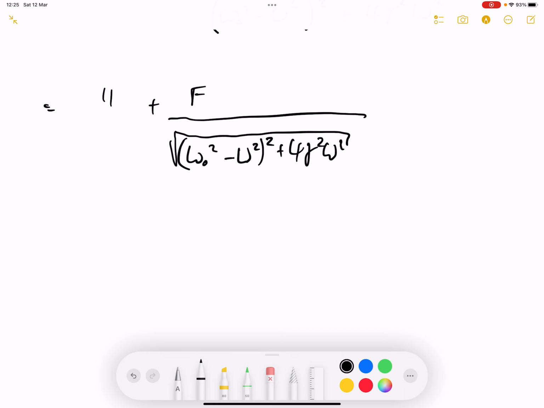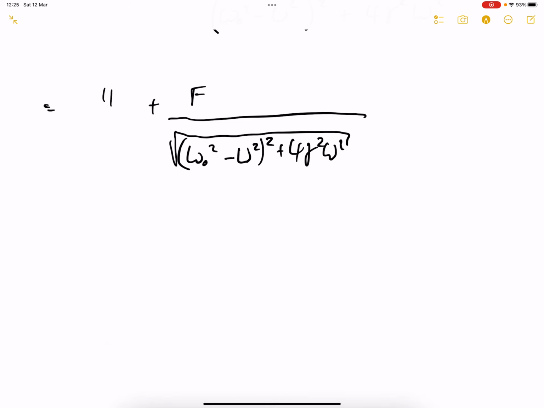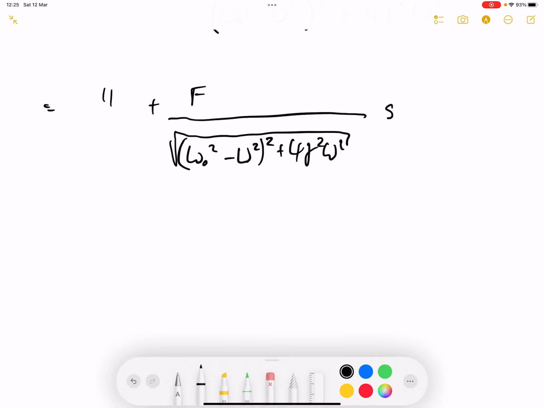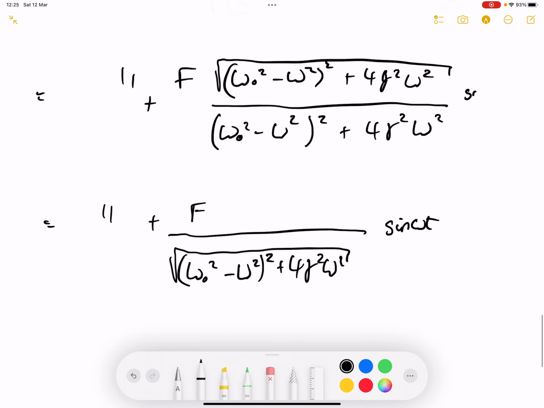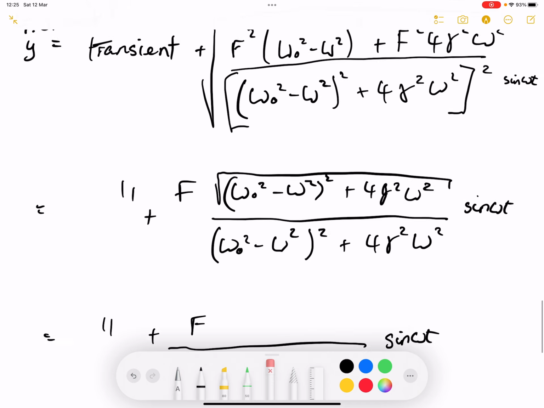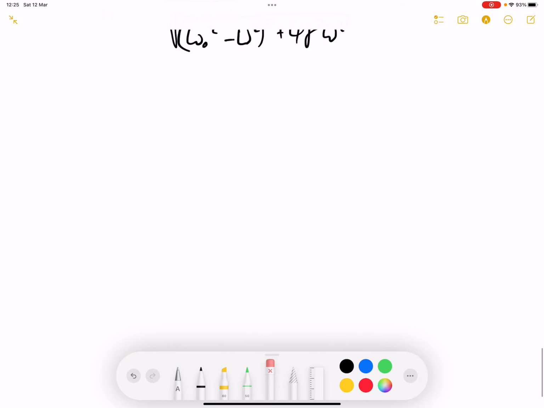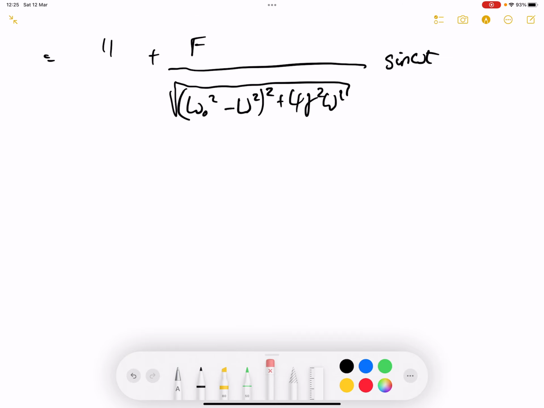Now let's try finding some facts. So when are we going to find resonance? Well, that's when we have the maximum steady state amplitude, which is the f over this bit here. So what we're going to do is differentiate with respect to omega what is in here.